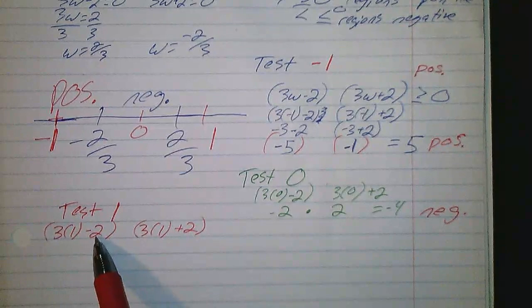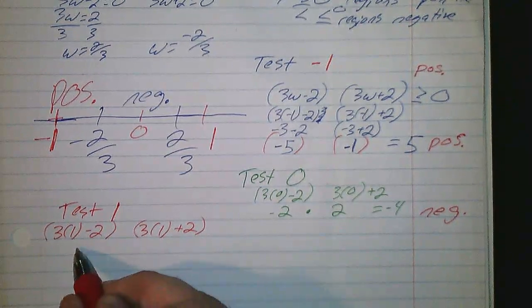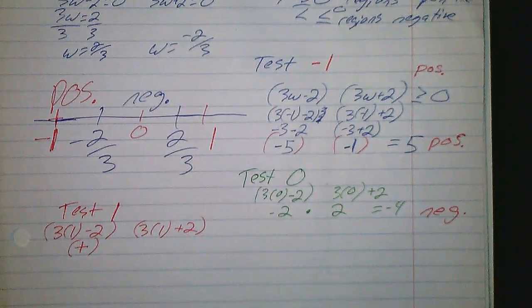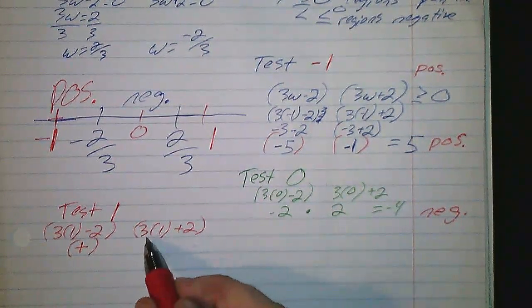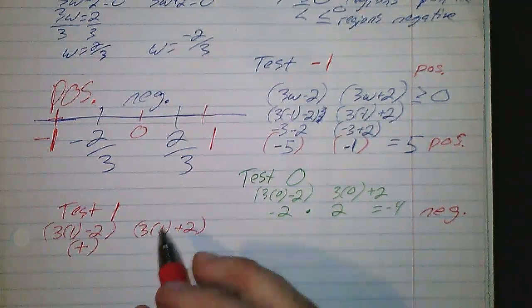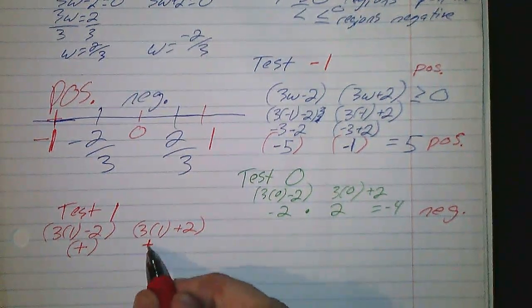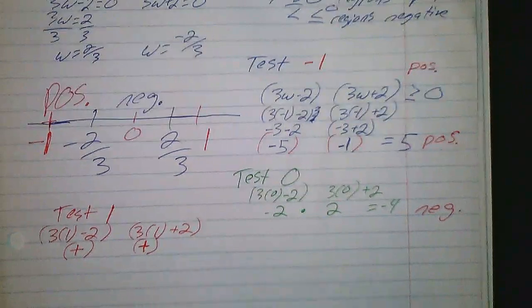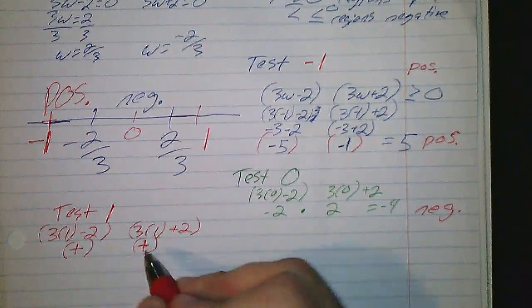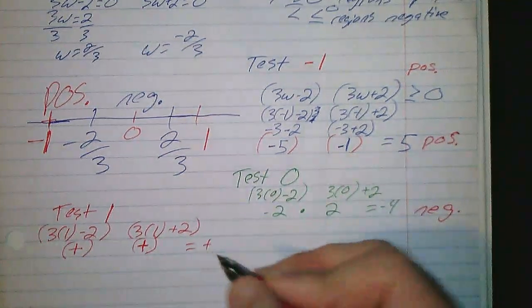Here we get 3 minus 2, which is positive 1, or just consider that it's positive. Here we have 3 times 1 plus 2, which is 5. But again, just consider that it is positive. Because we only need to know, is the region positive or negative? And a positive times a positive is a positive.